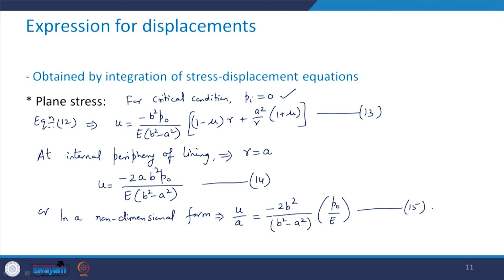So, this is how we can obtain the displacement in case we want to analyze the concrete lining in case of the circular tunnel. This is for the plane stress condition, which will be the most relevant condition in this case.